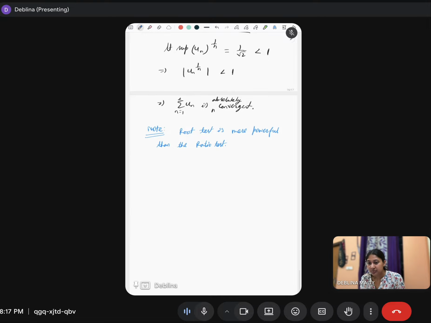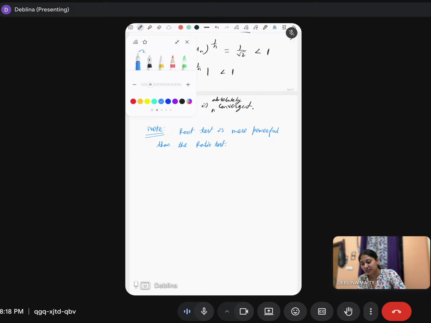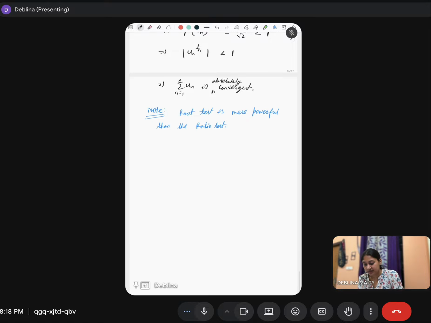Okay, so we have discussed series of numbers, right? Now we are going to discuss series of functions. In the last session we discussed sequences of functions. Since we know sequences of functions, a series of functions is similar to a series of numbers.